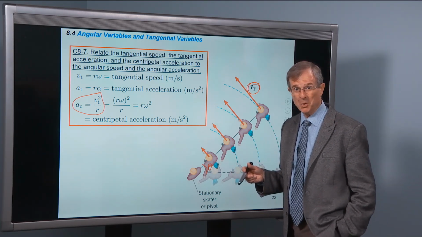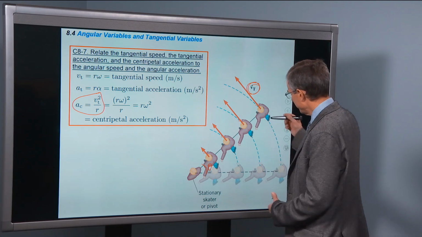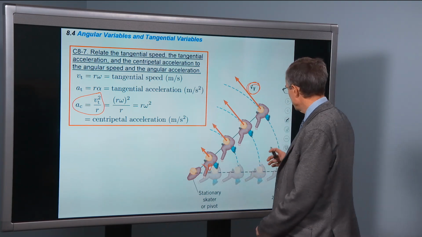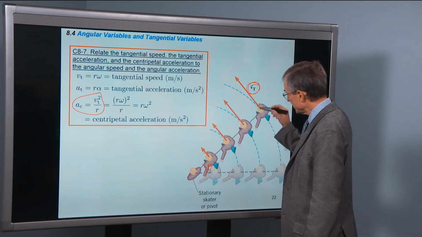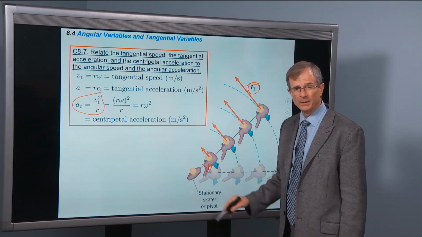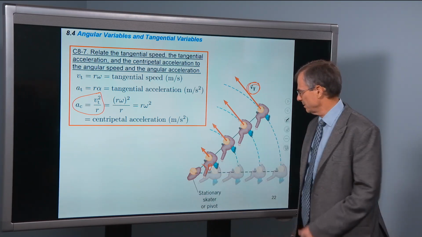And you say, well, no. And you know that because if you're holding hands and you're going, we call it the whip, when we used to skate as kids, the one on the outside is going to be going by far the fastest of all of them. And in fact, the guy in the middle is not moving at all. He's just digging his skates in and pulling everybody around.